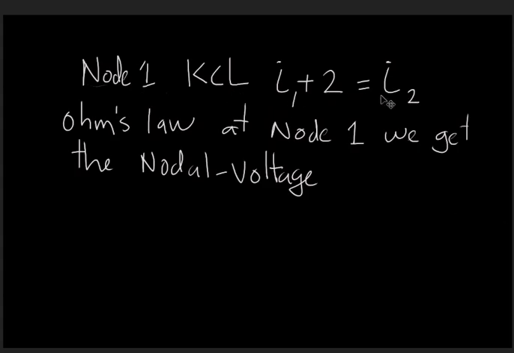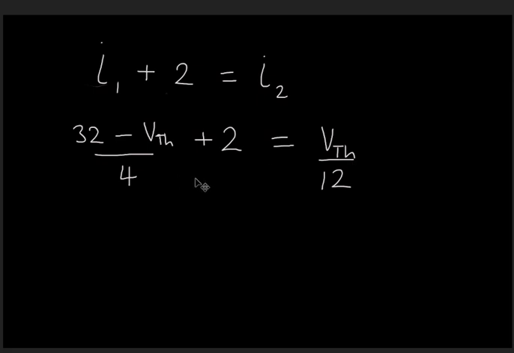From this equation that we have here, we are going to substitute Ohm's law into I1 and I2 to get the nodal voltages. From the circuit, you're going to see that from the substitution we have 32 minus V Thevenin over 4, that's for I1, and I2 would be V Thevenin over 12.